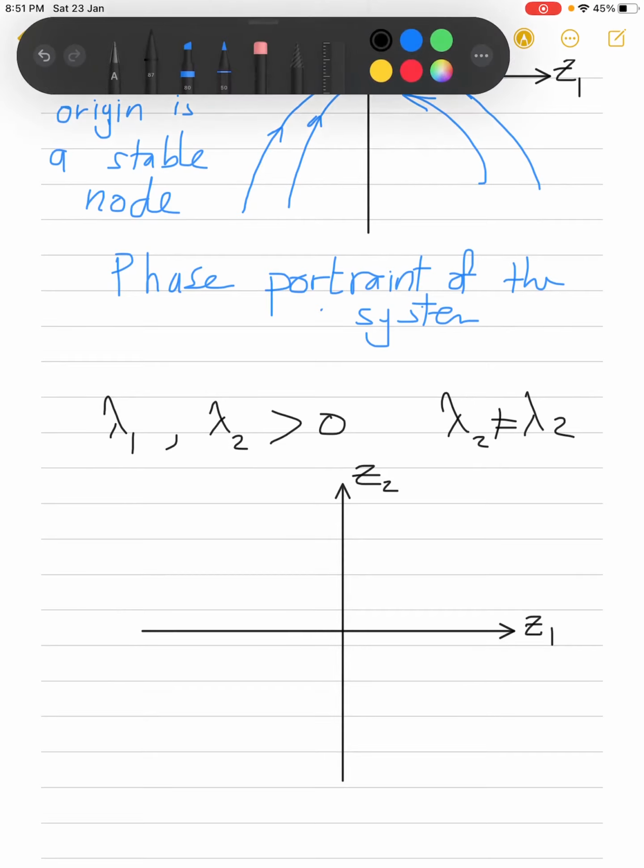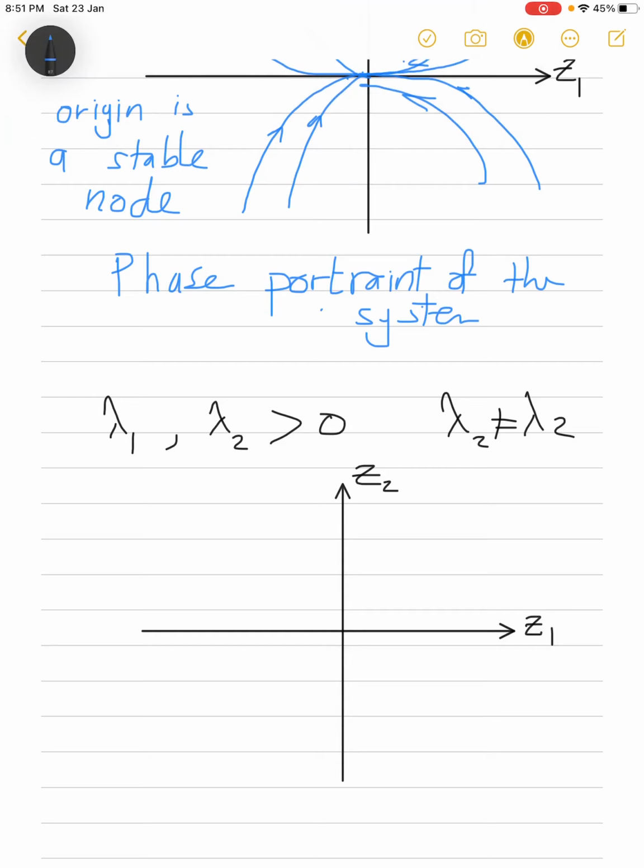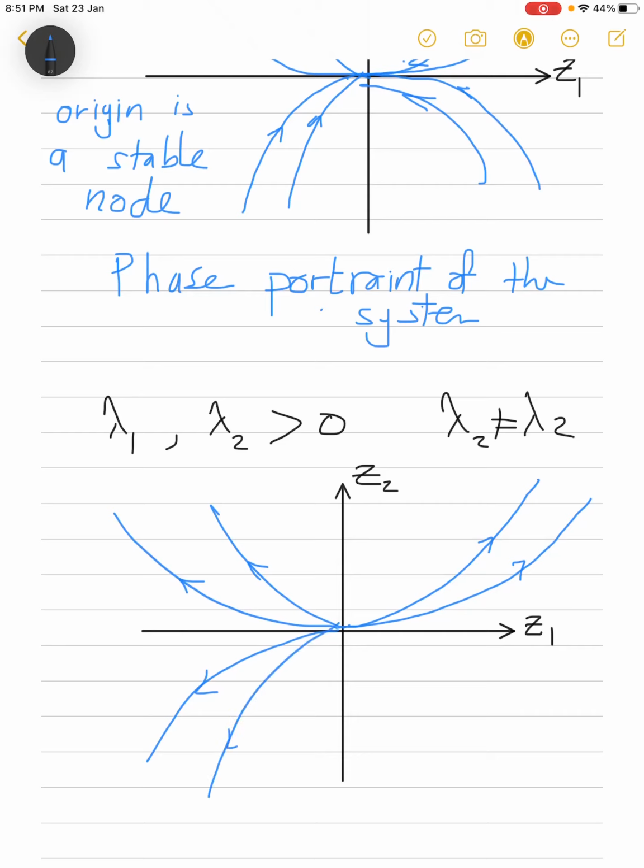So these are the trajectories of the system. They will go to infinity, like this. So this is the second case that we can consider in dealing with distinct eigenvalues.